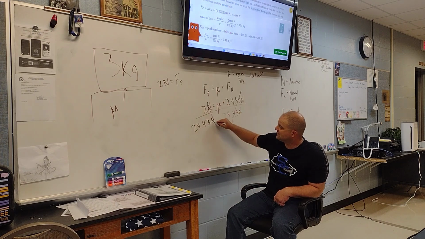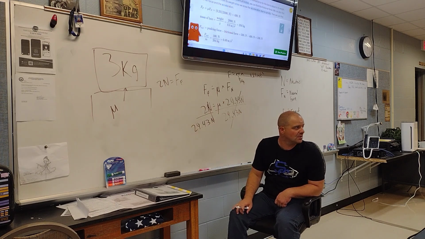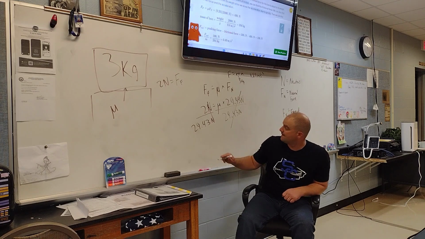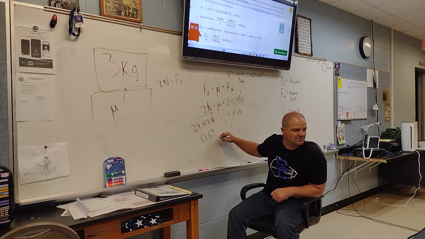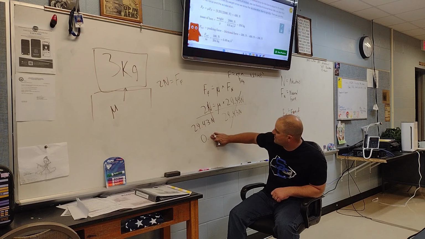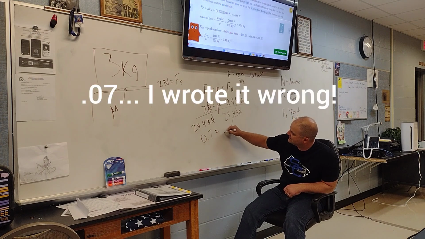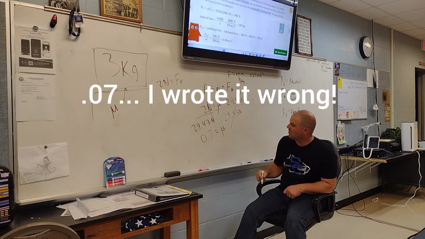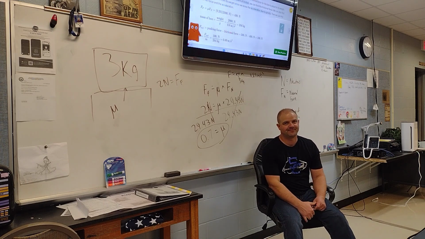By the way, the newtons would divide out too, so you wouldn't have those for your unit anymore. 0.067. Could we round to 0.07 maybe? Yep. So 0.07 is our coefficient of friction.